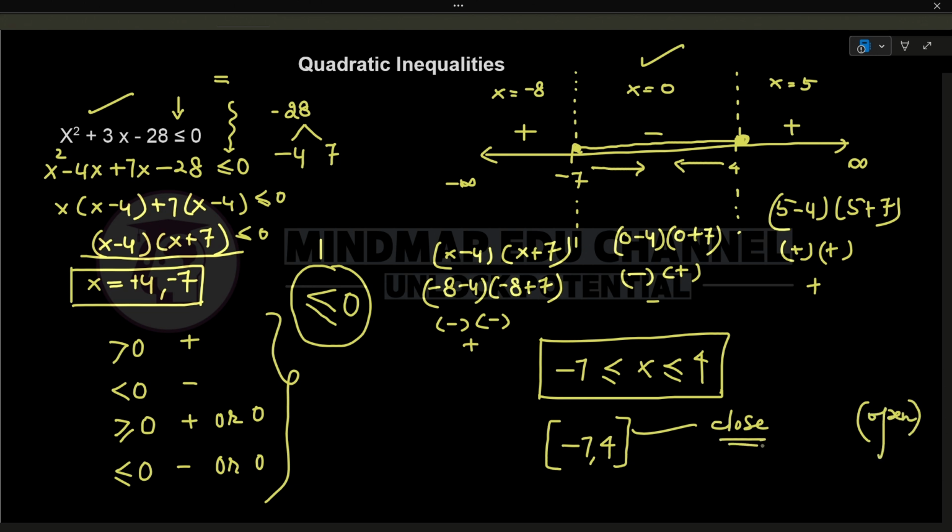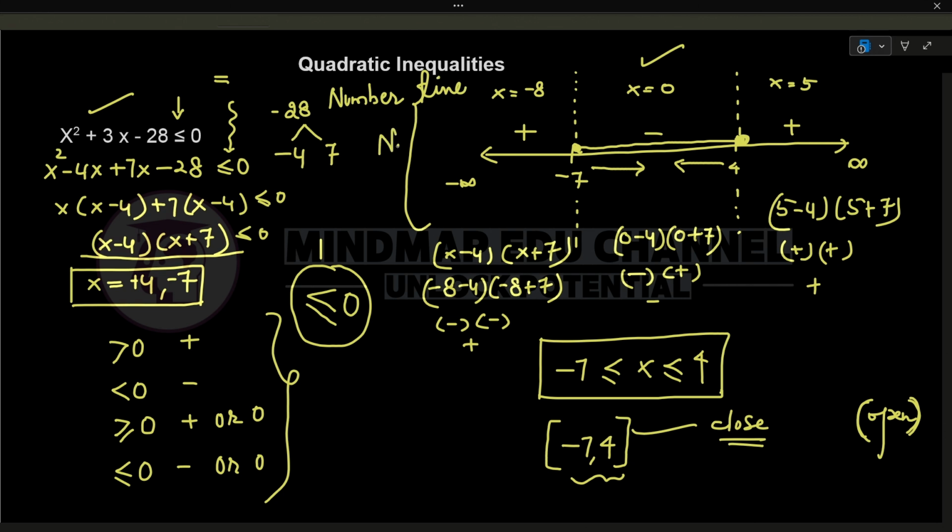And a closed circle means these numbers are included in the solution. And when you're using round brackets, that means an open circle, which means it is not included in the solution. Clear?